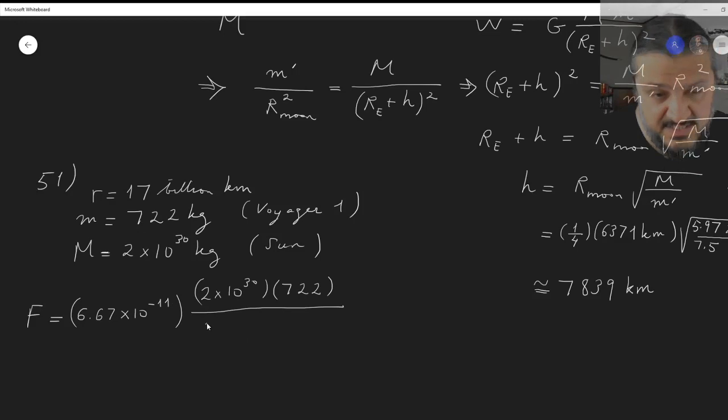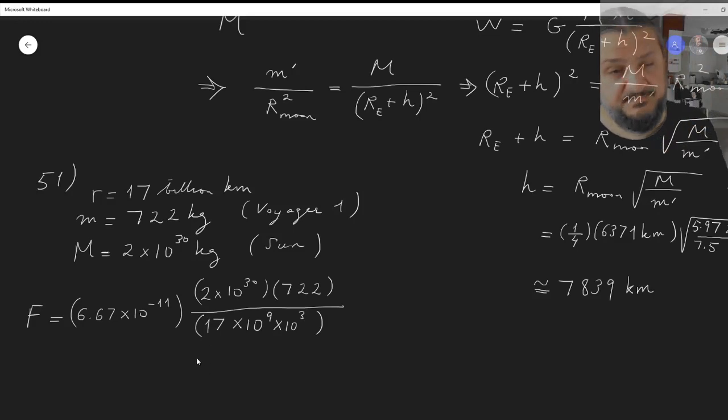Okay, so 17 billion. Billion means 10 to the power 9, but that's in kilometers. You need an extra 1,000 to multiply that with, and then you get meters. All right, so this is the distance in meters: 17 trillion meters, squared.